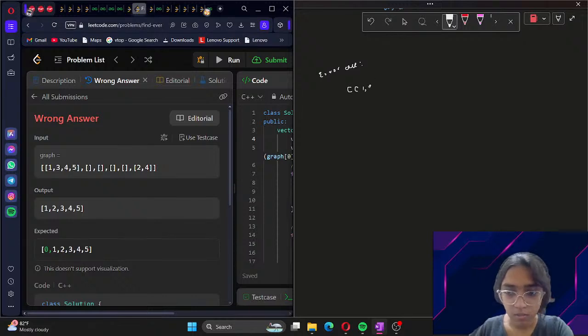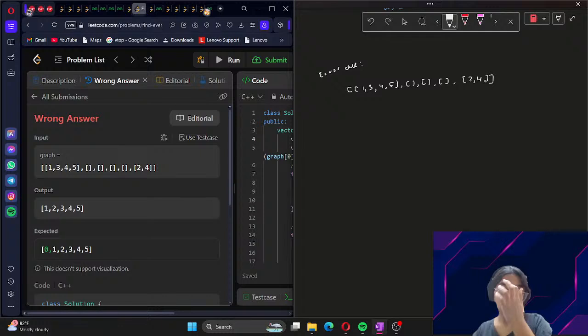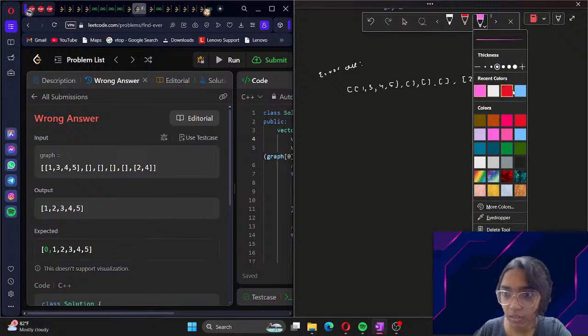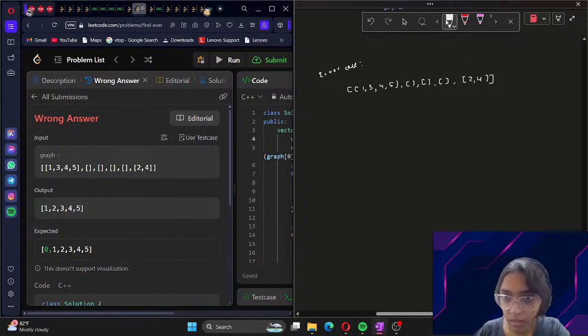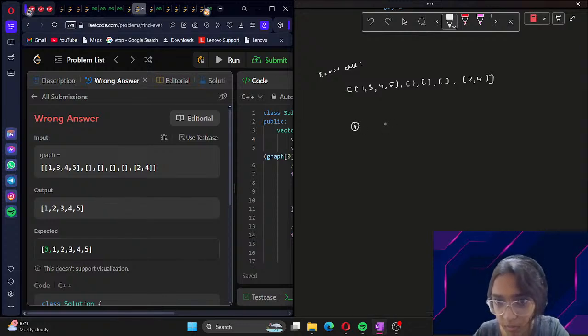1, 3, 4, 5. 2, 4. Okay, so if we try drawing this, let us start from node 0.